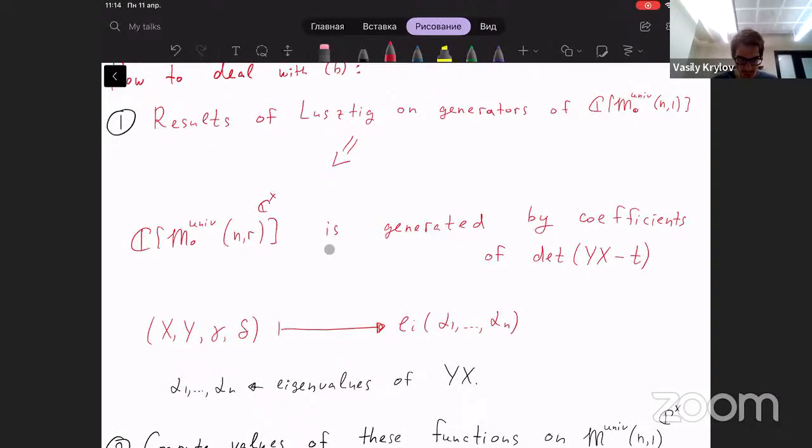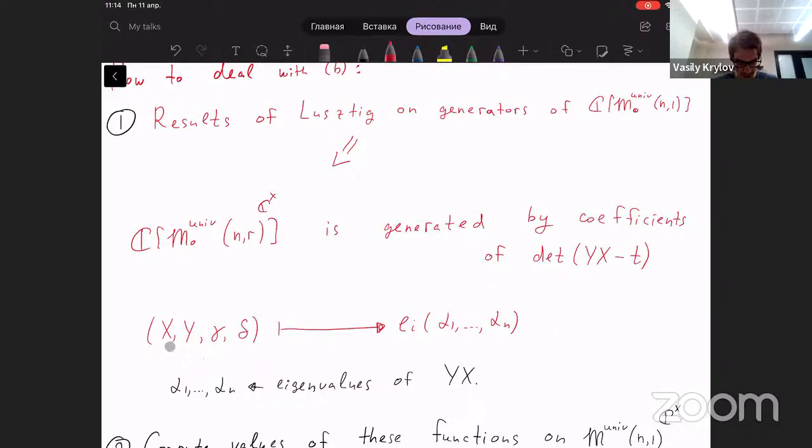It's easy, using the results of Lusztig on generators of the functions on the whole quiver variety. It's not so hard to show that these scheme-theoretic fixed points are actually generated by the coefficients of the characteristic polynomial of yx. So in other words, you have the following function.